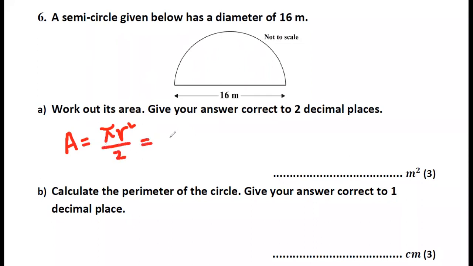So we simply need to do pi r squared divided by 2. Now hold on, what's the radius of this semicircle? If its diameter is 16, its radius must be 8. So pi times 8 squared divided by 2. 8 squared is 64, so 64 divided by 2 will be 32 pi.